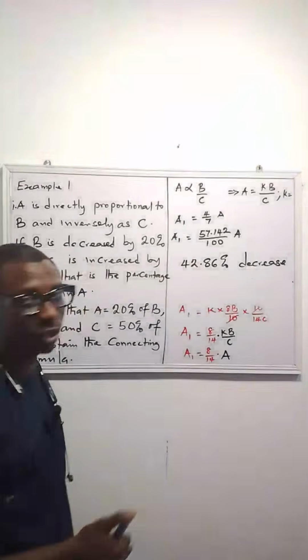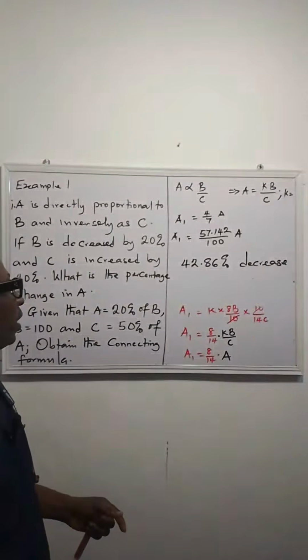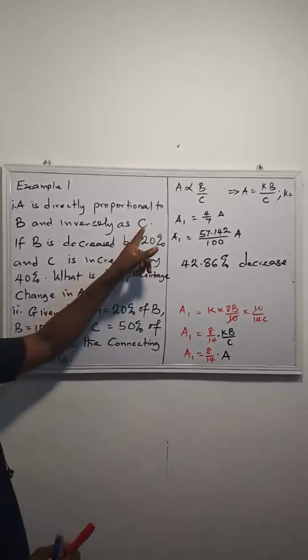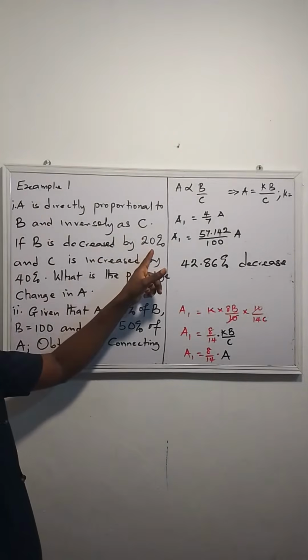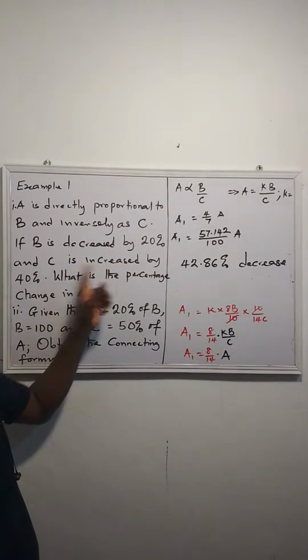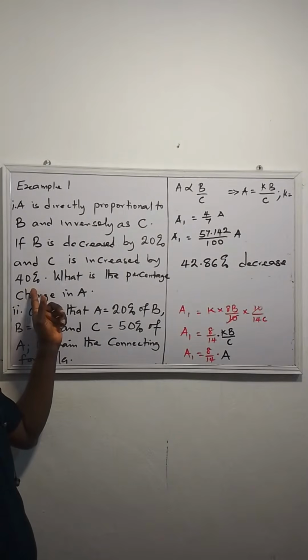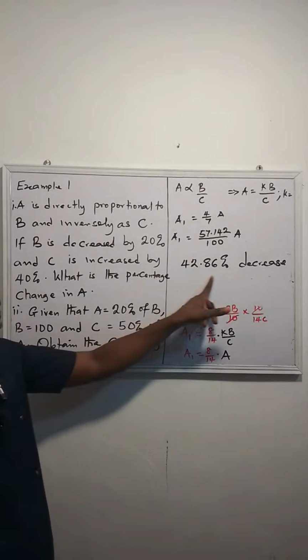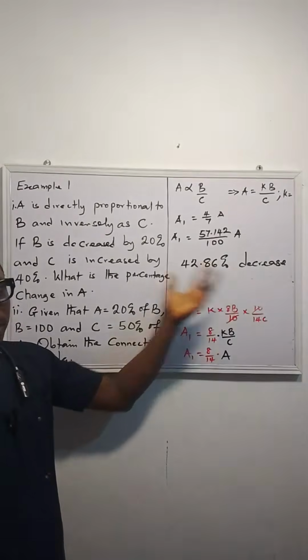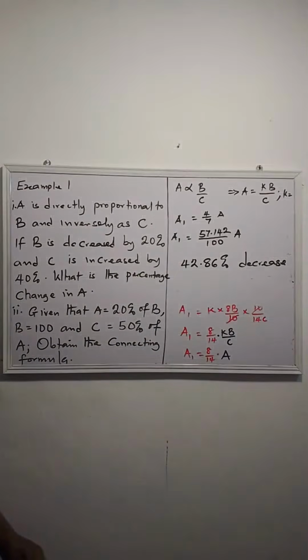So that's going to be the change in value of A when C is decreased by 20 and the C is increased by 40%. This is what we are going to have. So, and this is the answer to the first part of the question.